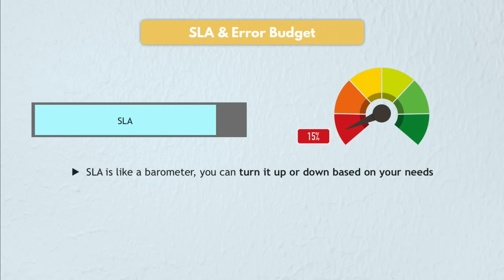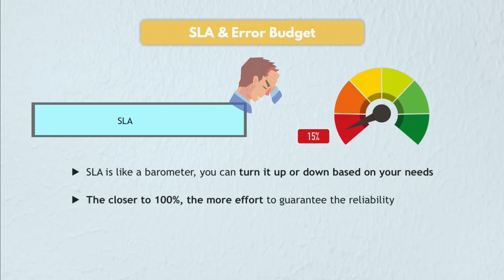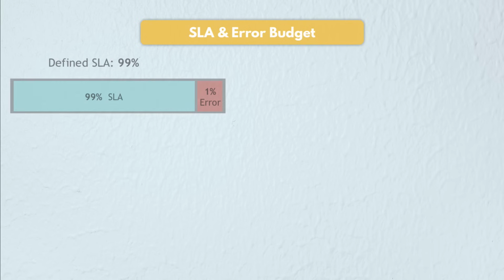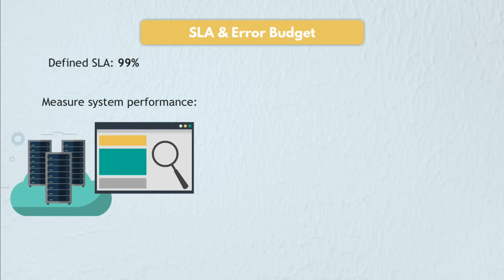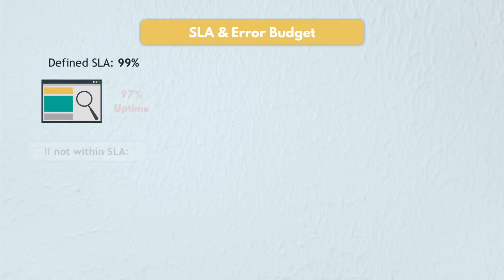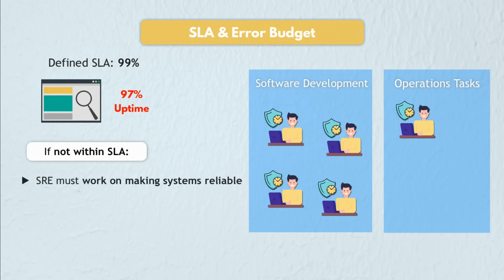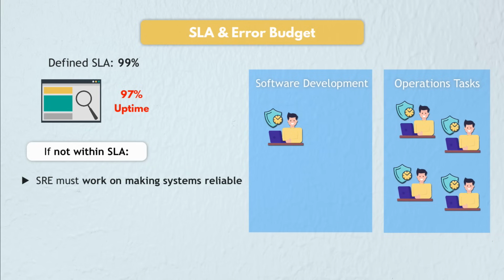And of course, the closer to 100%, the more effort you need to put in to guarantee the reliability of your systems. Now, once the SLA is defined, the system performance can be measured against this number. If systems are more unreliable than the SLA allows, then more resources from the SRE team will be put to make the systems reliable again, because we have exceeded that allowed amount of downtime.